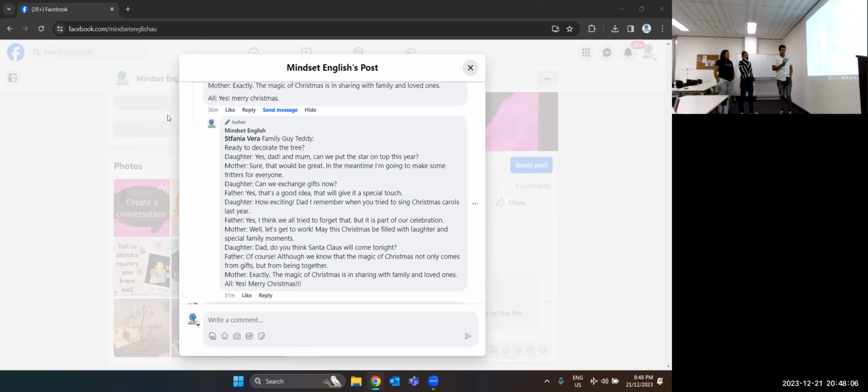Ready to decorate. Mom, can you put the star on top this year? Sure, that one, you're ready. This is the new representation.